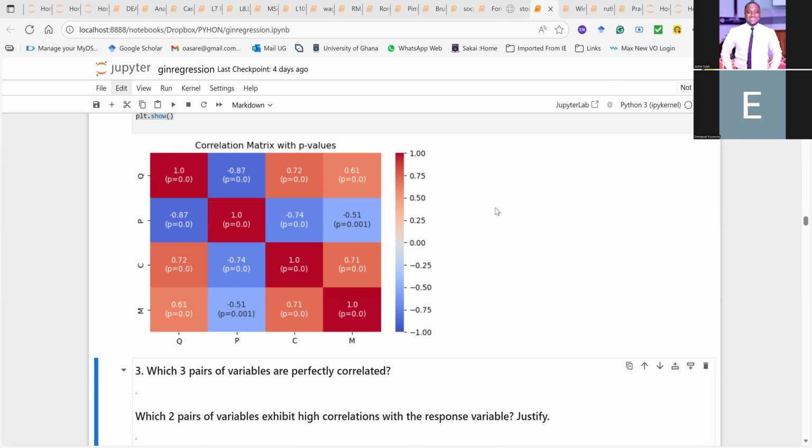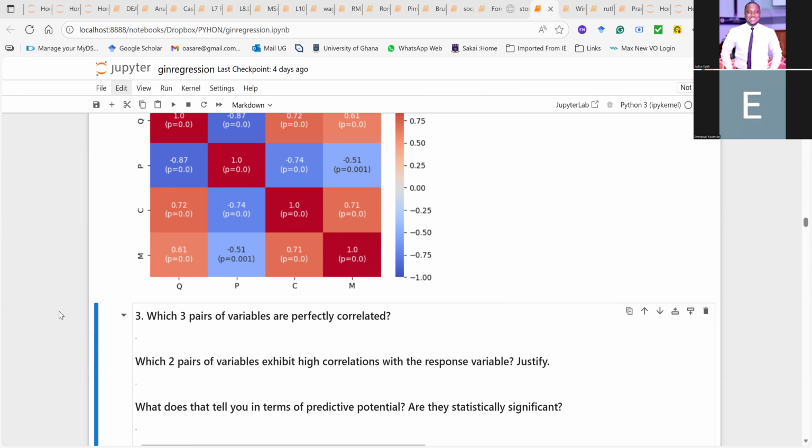Say M and P, they have a p-value of negative 0.51. P-value? I'm interested in the coefficient. Okay, a coefficient of 0.51. No, that's wrong. Negative 0.5. Sorry, negative 0.51. It's very important. I hope you don't write that.